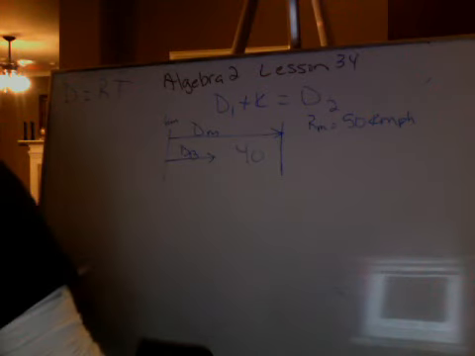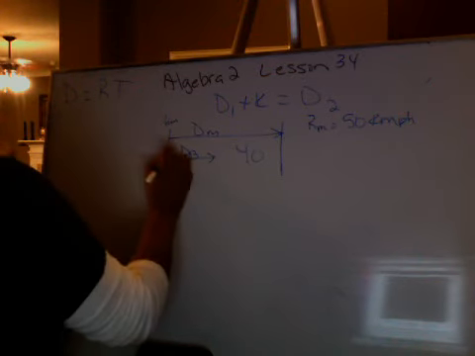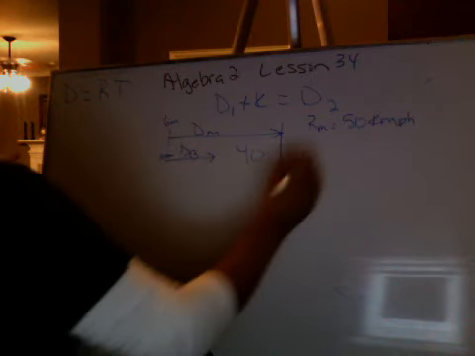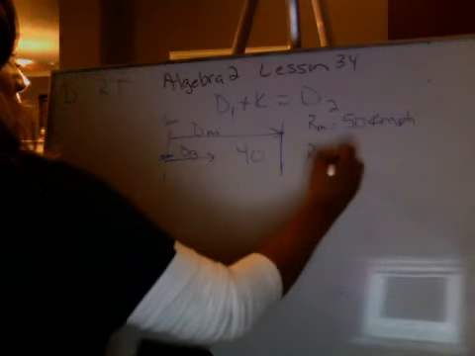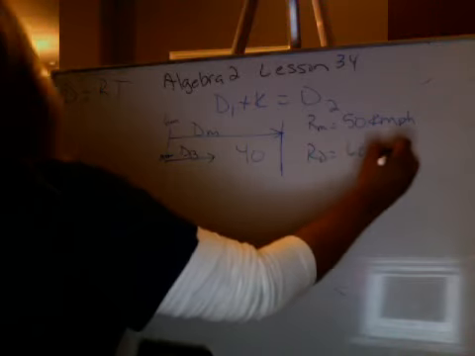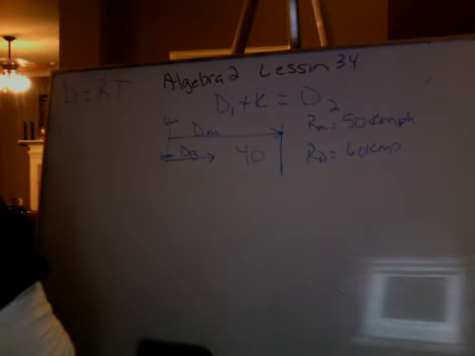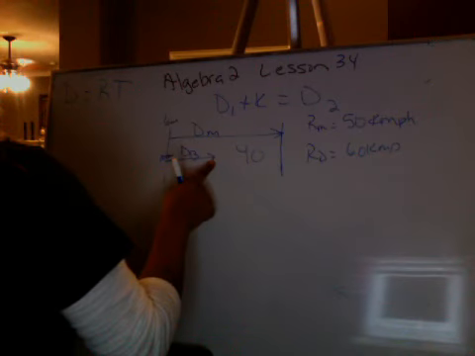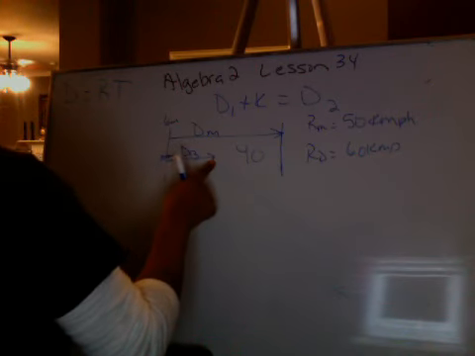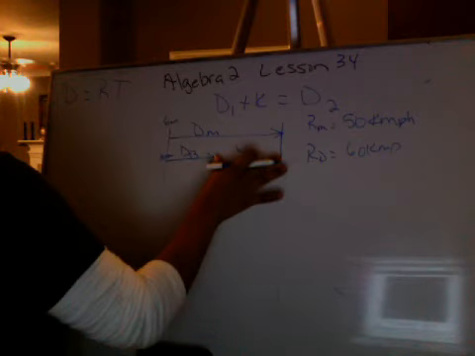Beauregard began to chase at 10 a.m. at 60 kilometers per hour, so R of B equals 60 kilometers per hour. What time was it when Beauregard got within 40 kilometers of Millicent?